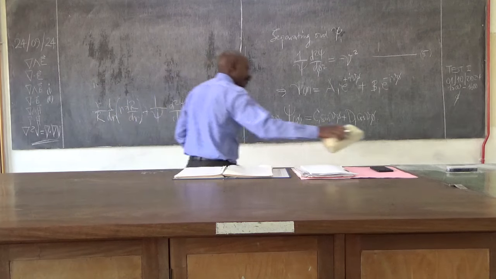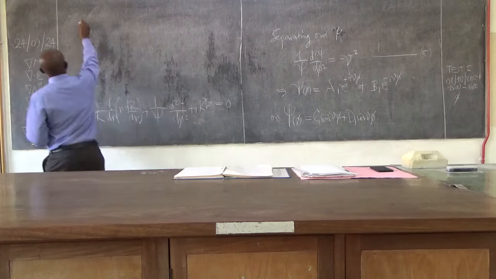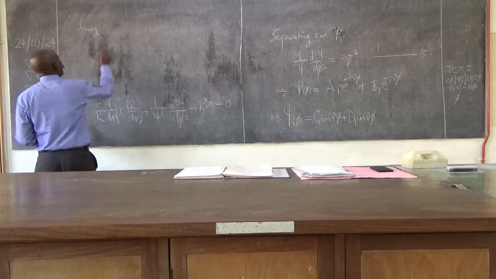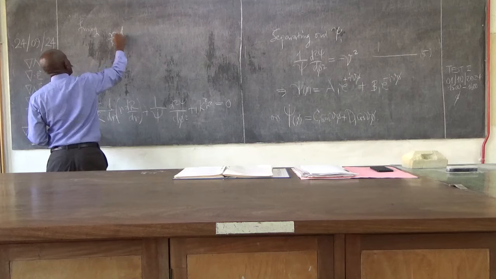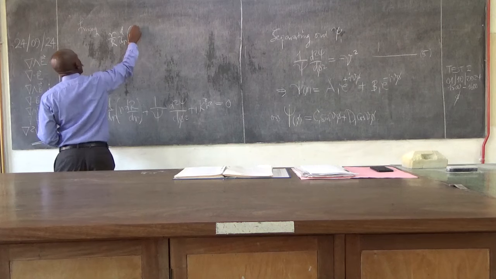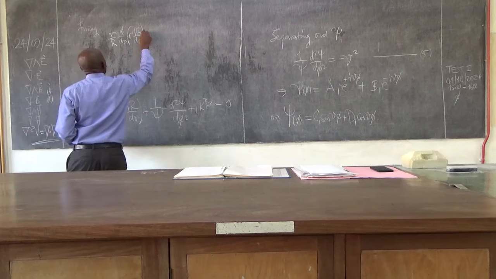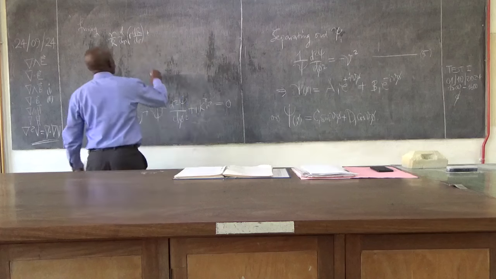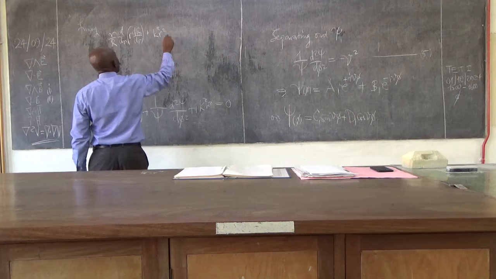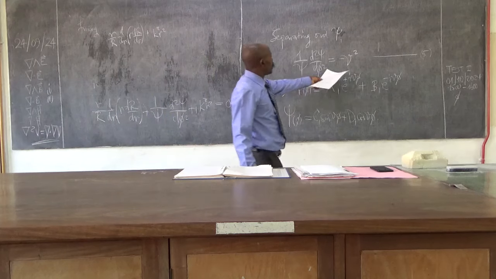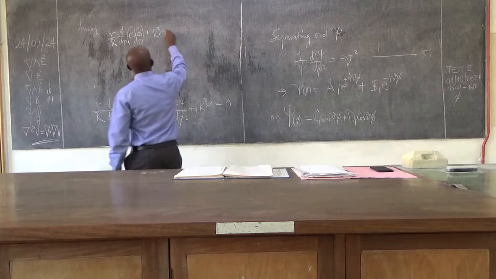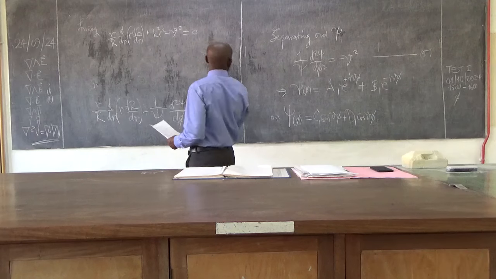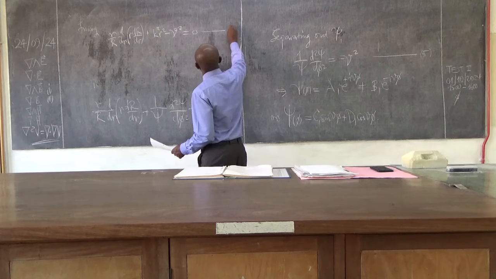Okay, so finally, we have our equation, which is 1 over r d/dr of r dR/dr, plus k squared r squared, and then the other part here is minus nu squared, and this equals zero. We can call this one equation 6.